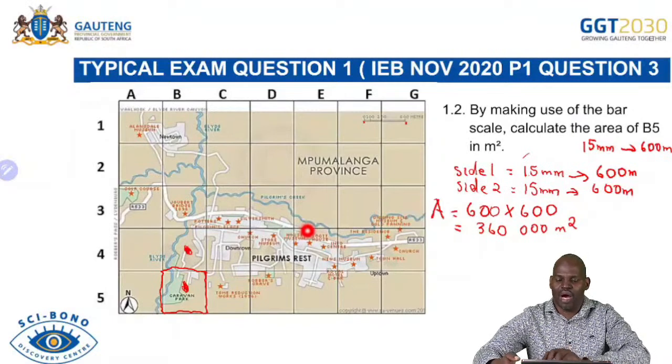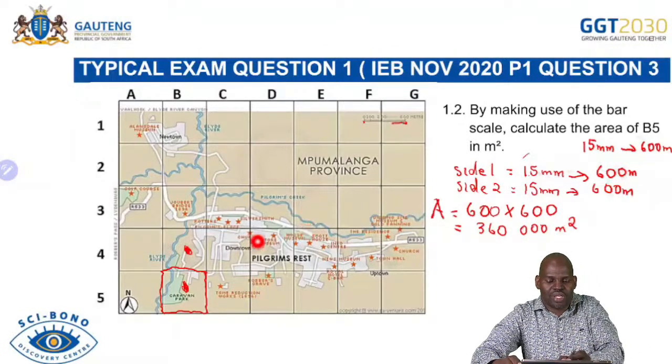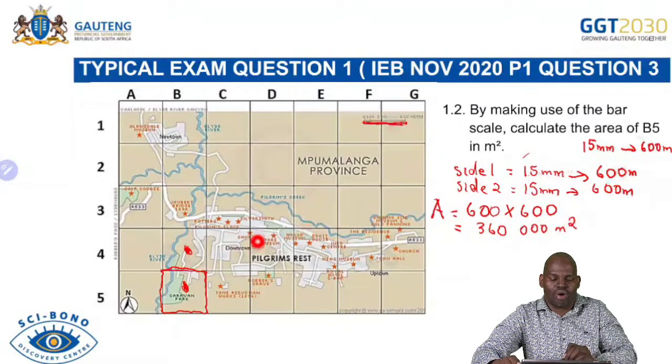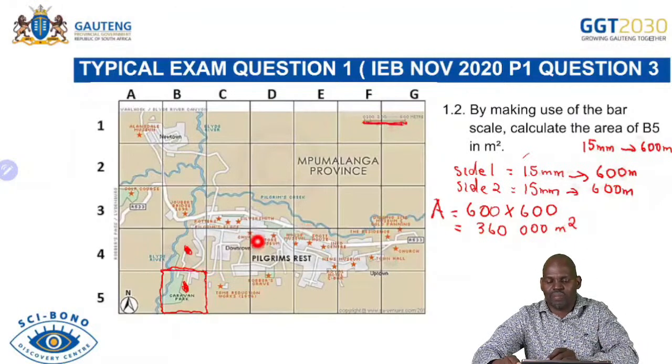Now, remember, if I had to find different measurements in this case, I would not automatically say that 15 millimeters is equal to 600. It simply means the length of the bar scale is the same as the length of each block. So that is why I'm saying if the length of the bar scale is 15 millimeters, but in reality 600 meters, therefore, one side of the block is 15 millimeters and it is also 600 meters.